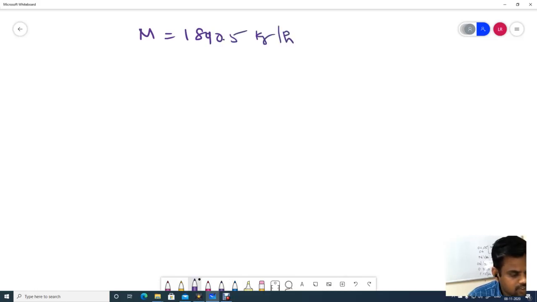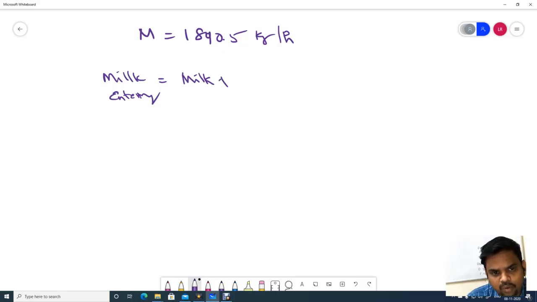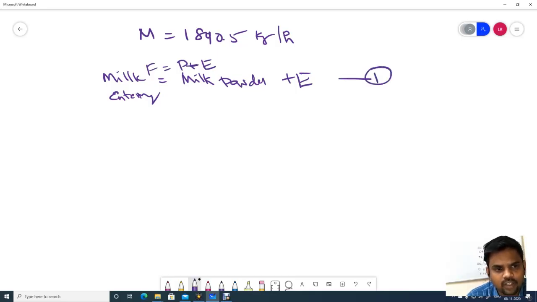Remember, the milk entering should be equal to the milk powder produced plus water evaporated, right? So F equals product plus water evaporated is our general overall material balance. Here we have considered F to be m.